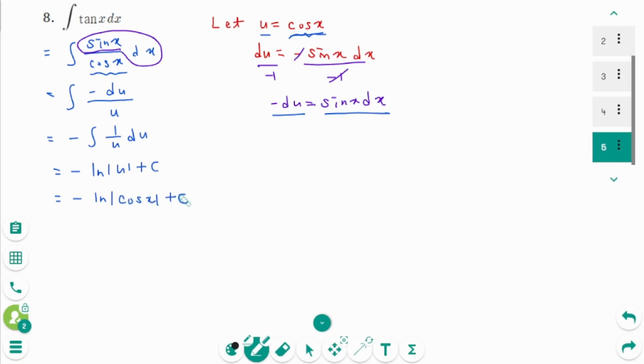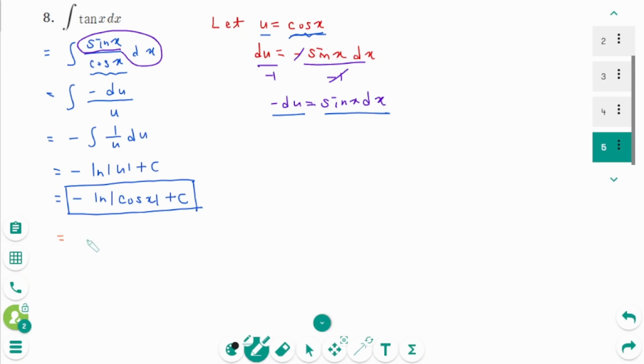When writing the substitution here, some students ask, can we use sine x as u? Differentiating sine x gives cosine x. But look closely, we see cosine x, but it's actually 1 over cosine x, which is secant x. So we should put u as cosine x. Now use the logarithmic identity.